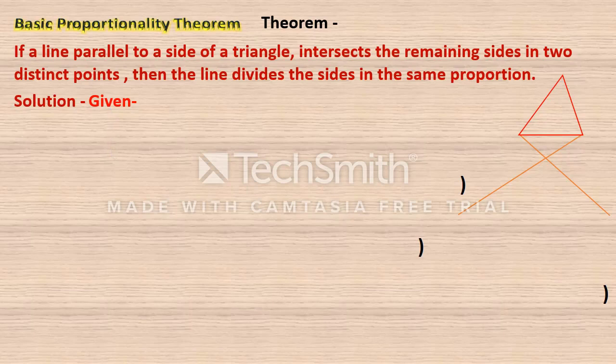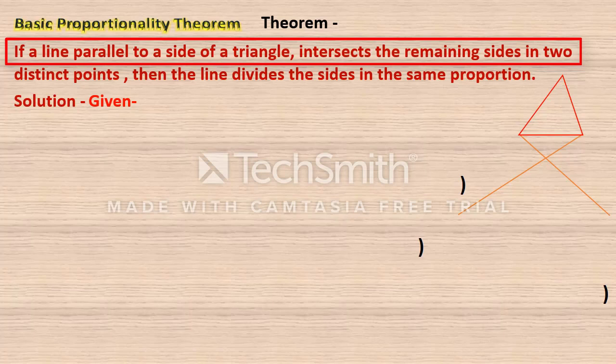Given part lies in which part of the theorem? Given part means the sentence in that theorem from if to then.